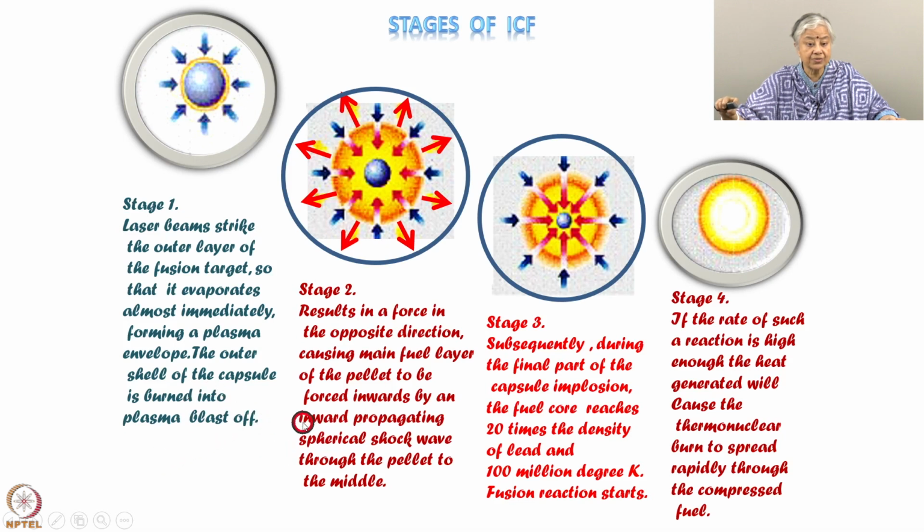The outer shell of the capsule is burned into plasma and blasts off. So, this total part has become plasma, this yellowish part. Okay. It has become plasma, and it is not going to be contained there, it will just move off. And plasma is made out of positive and negative ions, and they are going to repel each other and just blow off.